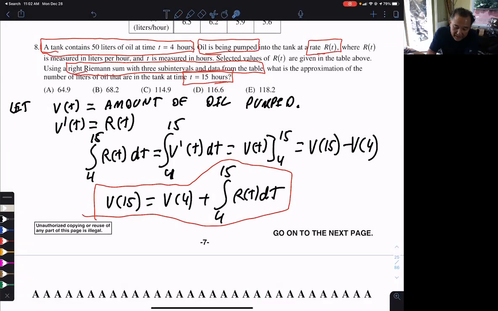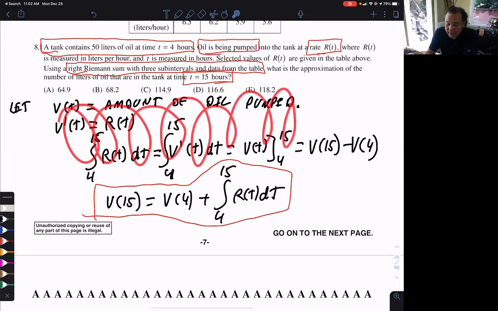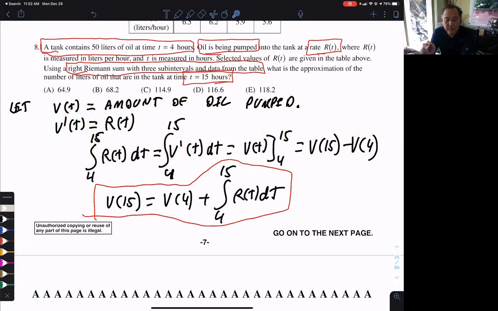Because all this stuff I did up here, you shouldn't write down. I did that to explain this problem. But what it's saying is, if I want to know the amount of oil after 15 hours, what do I do? I take the amount of oil I started with, and then I add to that the amount of oil pumped. Because this is the rate at which oil is pumped.